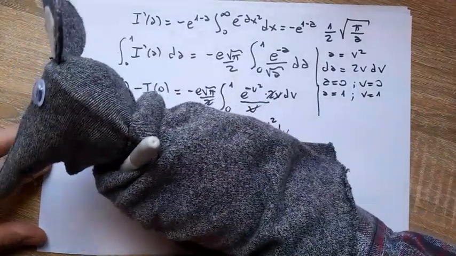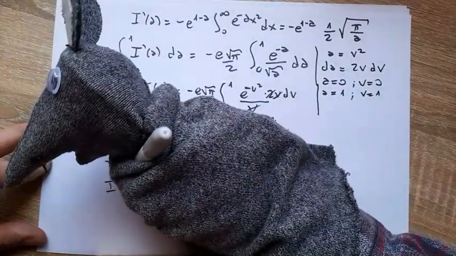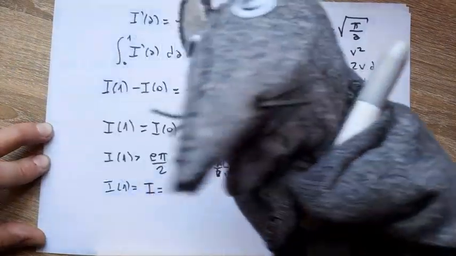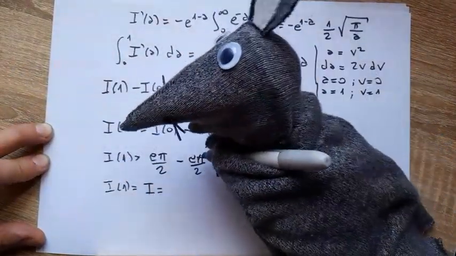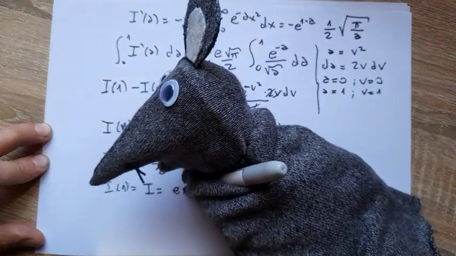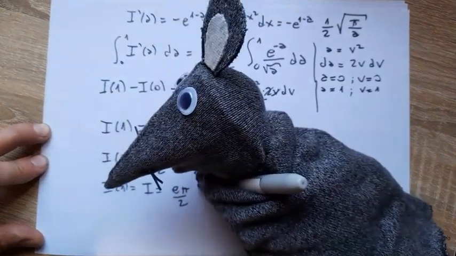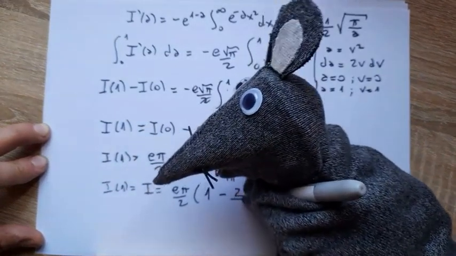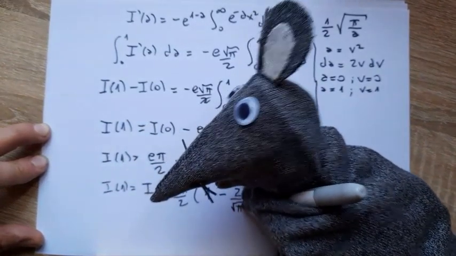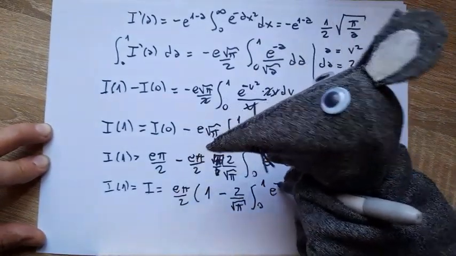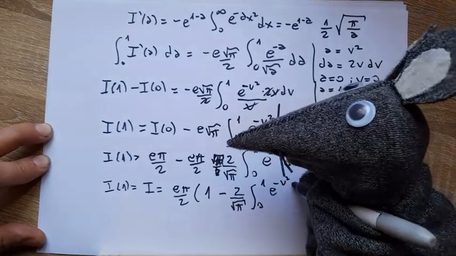This I of 1 is our original integral that we were looking for. Then we will factor the e pi over 2, 1 minus 2 over the square root of pi times the integral from 0 to 1 of e to the minus v squared dv.